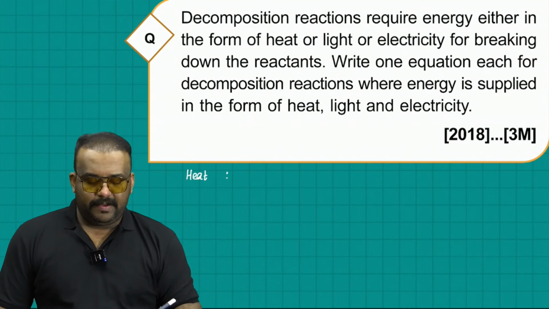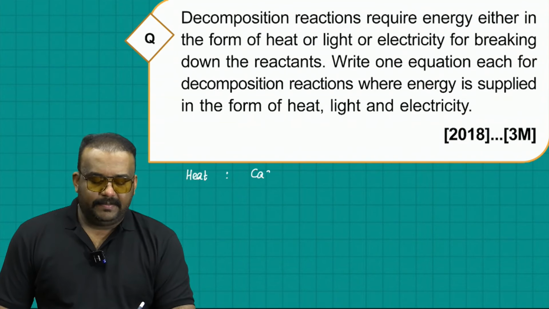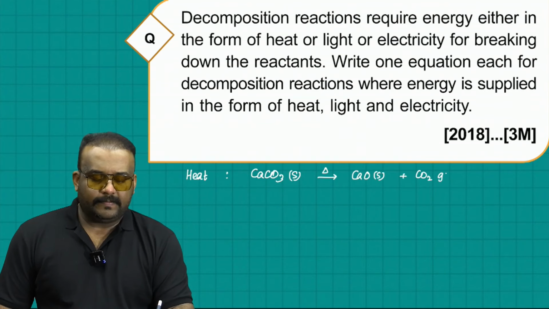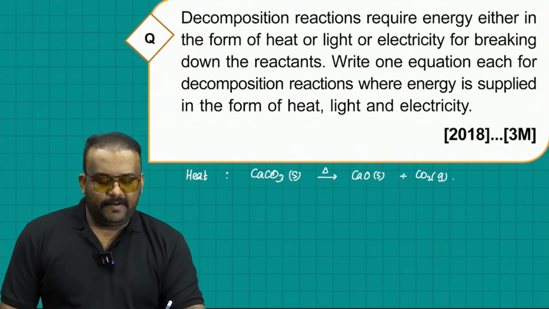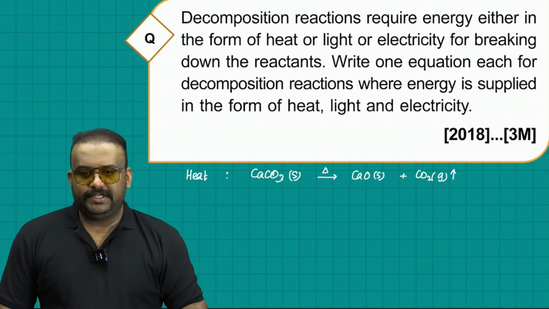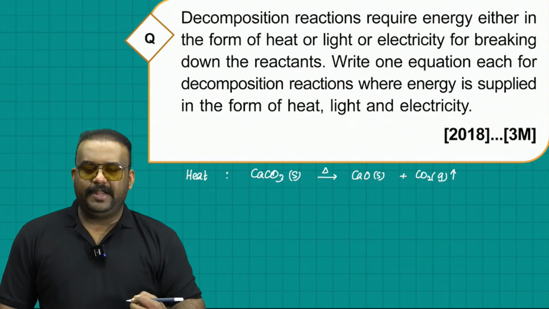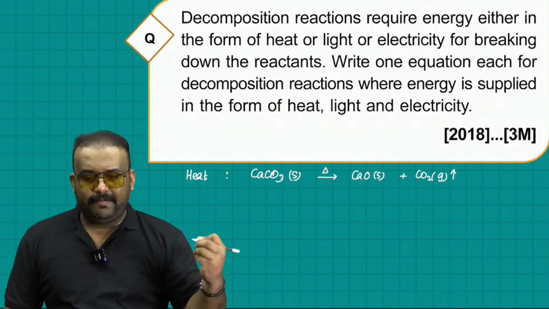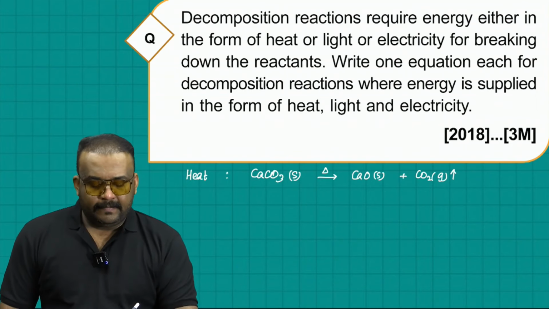So heat induced decomposition. We can say limestone. Limestone on heating will form quicklime plus carbon dioxide. This is an example for thermal decomposition, right? Calcium carbonate on heating will form calcium oxide plus carbon dioxide.